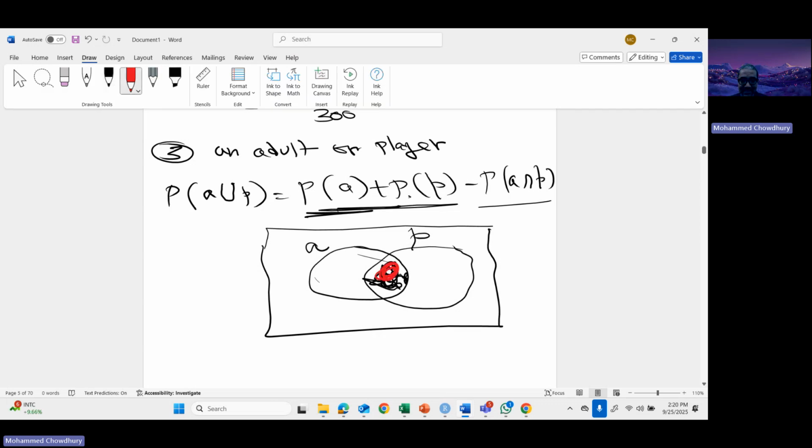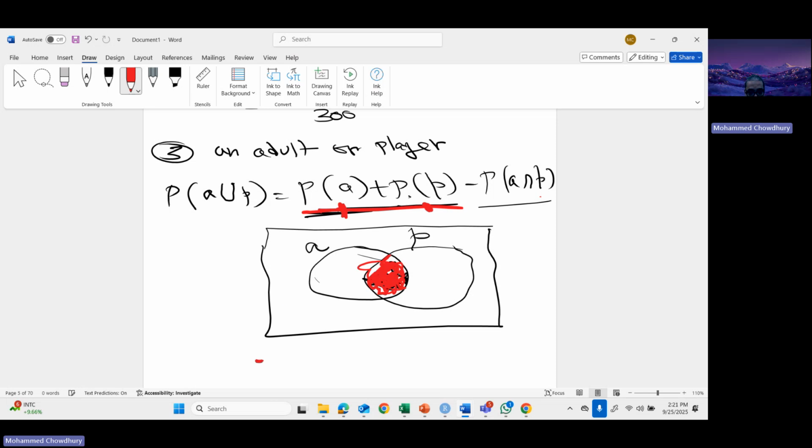This red region is coming twice. Once when you write probability of adult, that means all of this, and then again when you write probability of player. So this area is coming 2 times in these 2 parts, so I have to subtract 1. Understand, right?